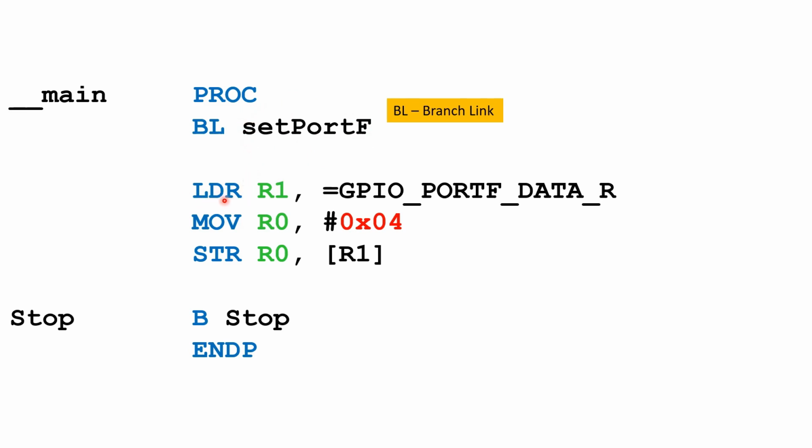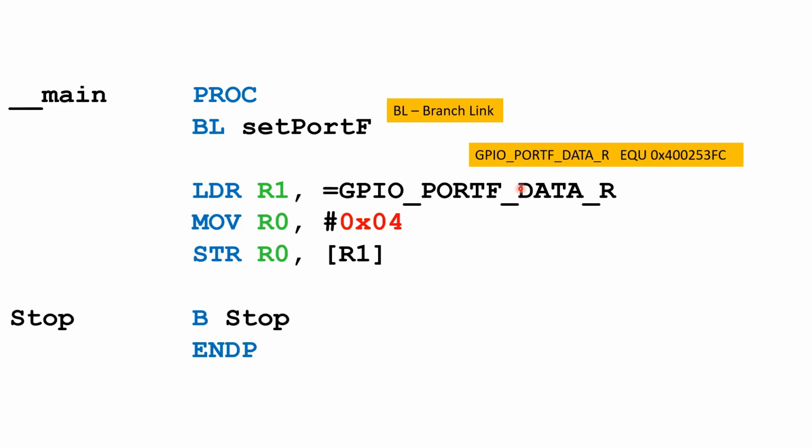Now let's look at the first instruction in the main program. It is an LDR, that's load register, and LDR is a pseudo instruction. Basically, it copies or loads a value into register R1. The value that we want to load is already defined in the earlier part of the program, in the equate section.